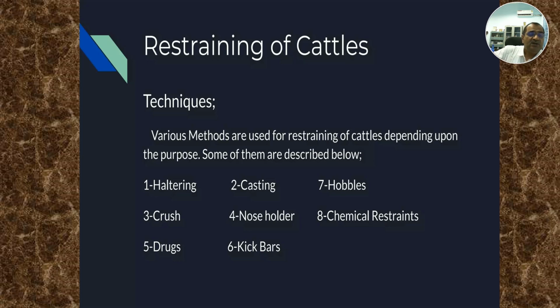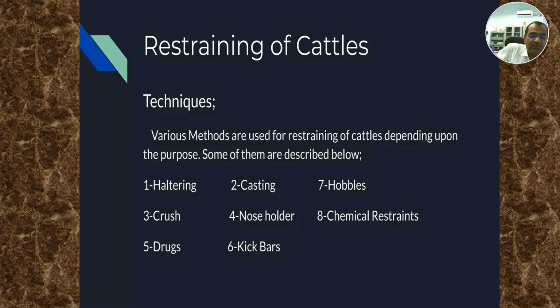And restraining of the cattle, as usual, there are varieties of methods, and especially the physical method is a very cheap method, and also the danger to the life of the animal is less. But once again there are well-defined techniques.